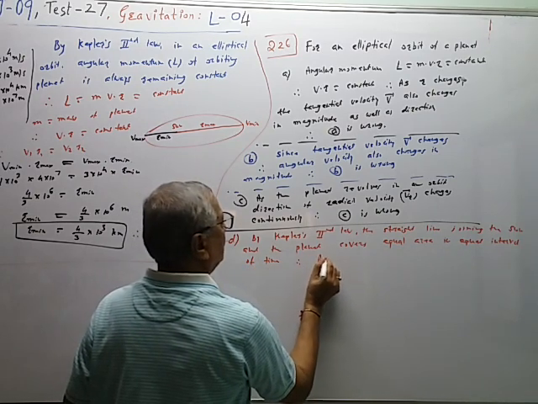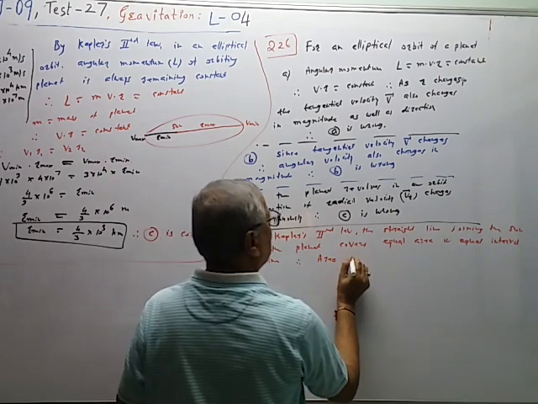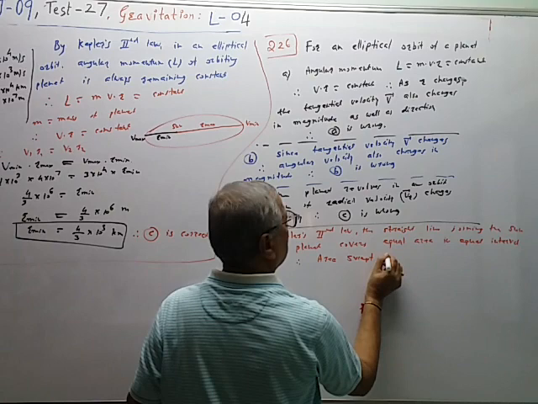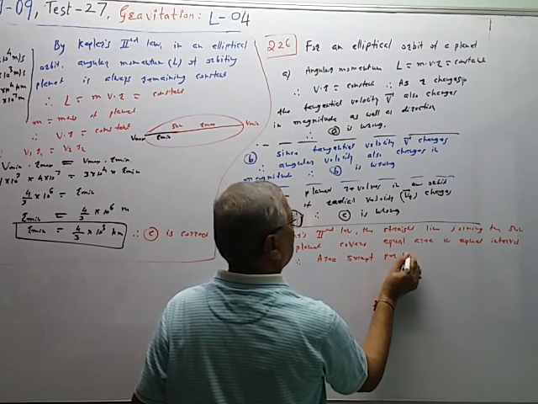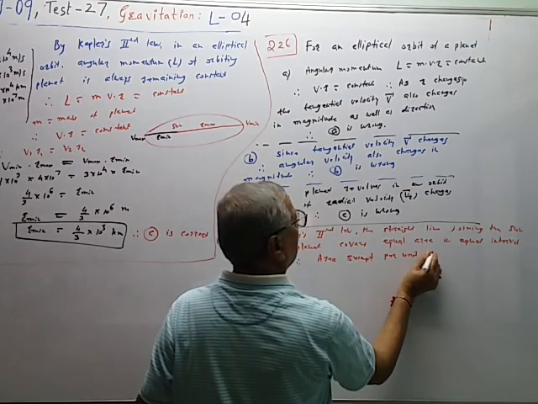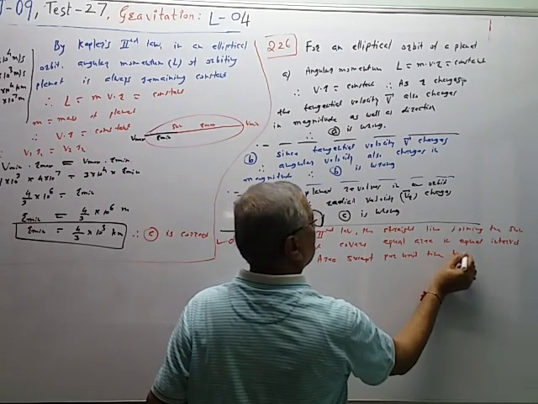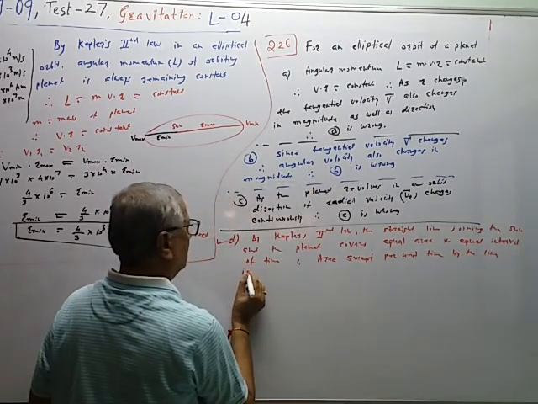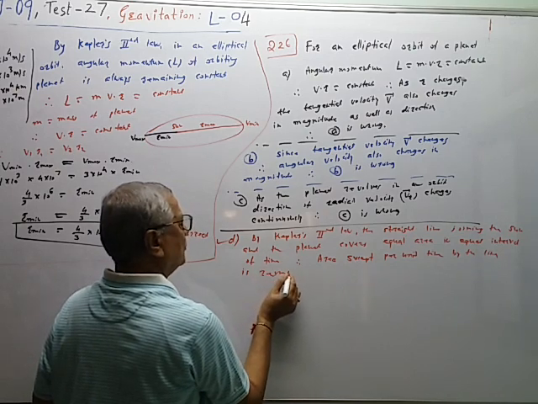Therefore, area swept per unit time by the line is remaining constant.